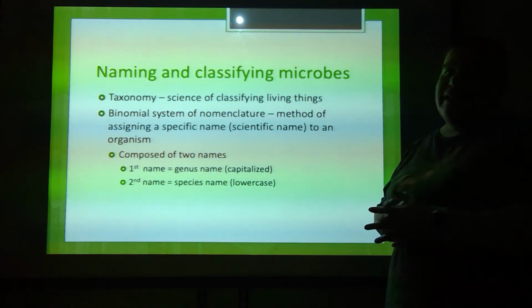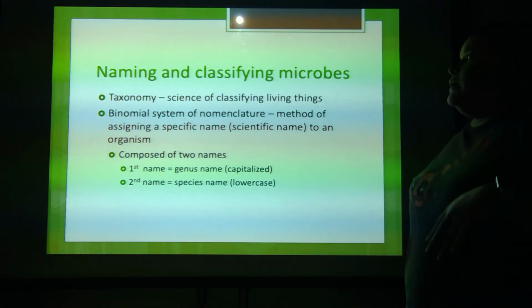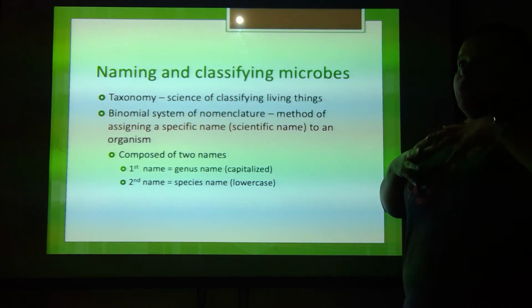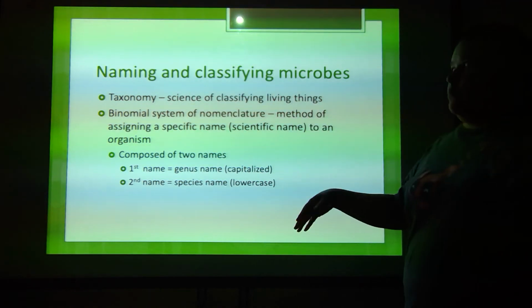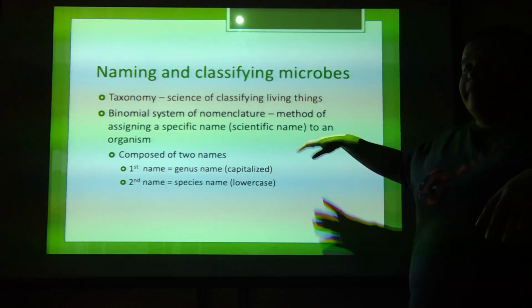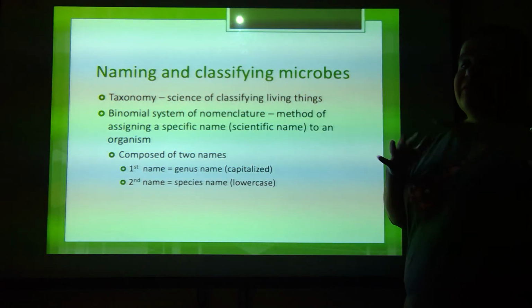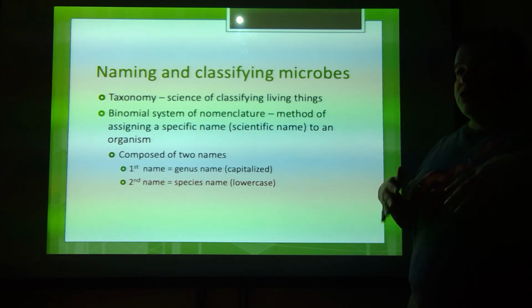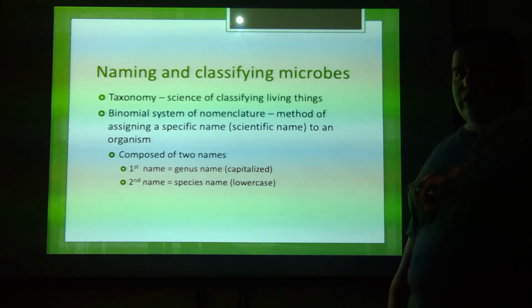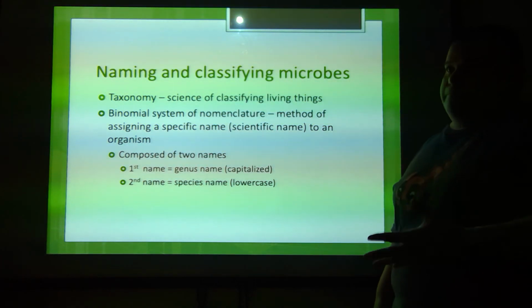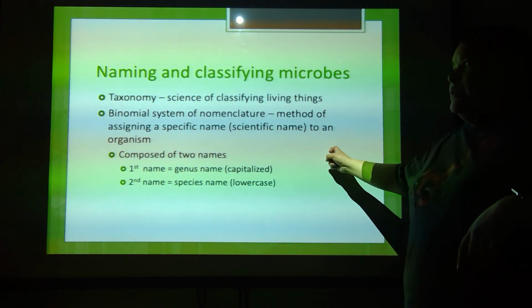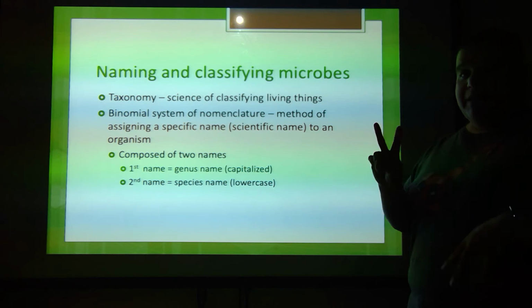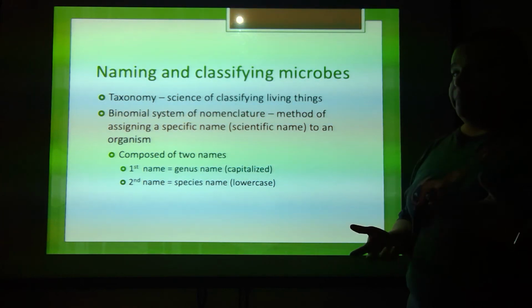So, naming and classifying microbes. The way that we classify everything, just general umbrella, is called taxonomy. It's the science of classifying living things. So it could be an elephant, it could be a whale, it could be Staphylococcus aureus, a bacteria. Binomial system of nomenclature. Bi means two, nomial means name.